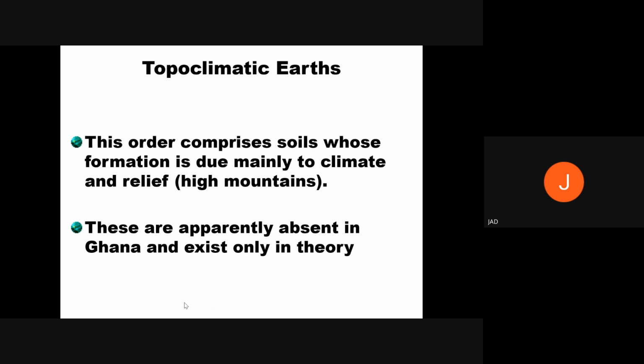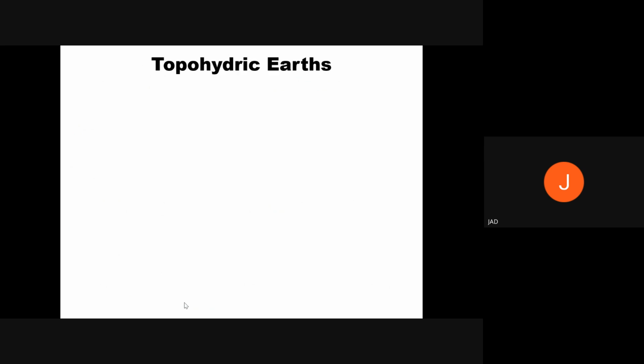Amedzofe, the coal mountains and the Ebri areas of the country may have topoclimatic soils. Usually, they are not well developed because of the terrain. They sit on rocky environments, and the profiles are not well defined because of the nature of the terrain.